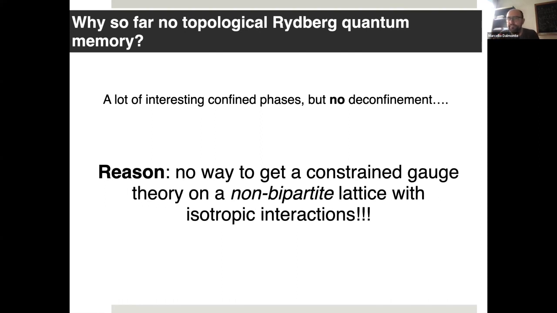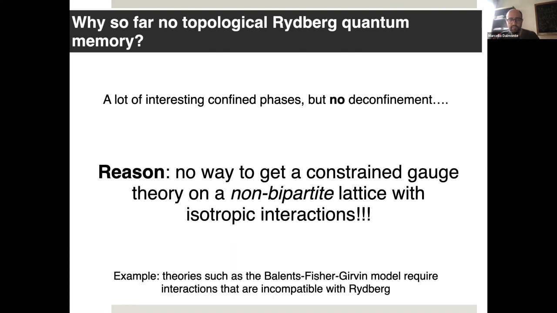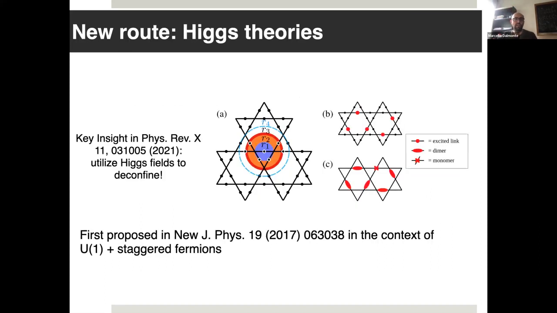And it turned out that this is impossible to do with the isotropic interactions which are available in experiments. There are theories in principle where these very interesting states exist, but to the best of my understanding, it's not possible to realize them with these Rydberg atoms. However, there were these experiments that I mentioned before last year, and this followed up.